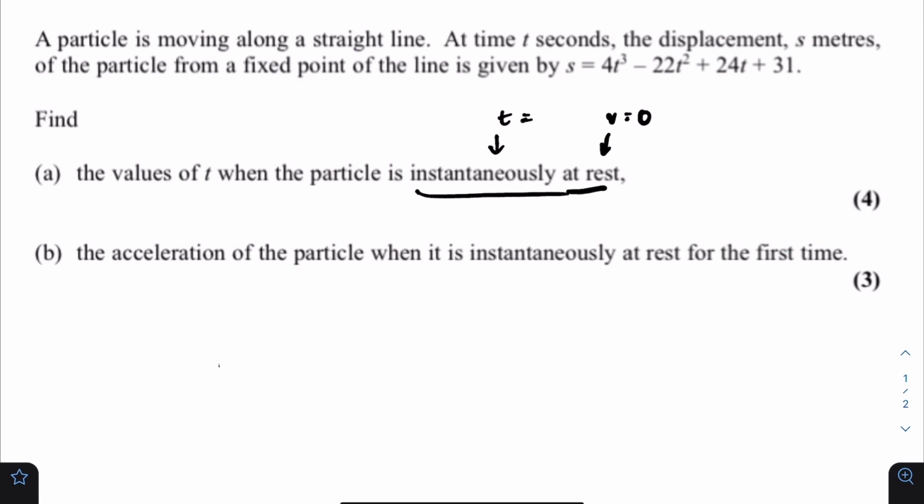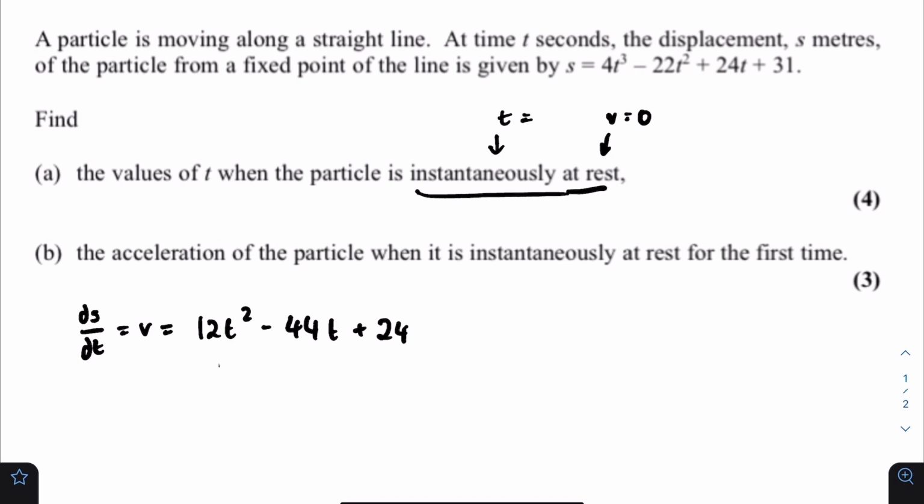So we have to differentiate the function to get velocity: ds over dt, which is the derivative of this, 12t squared minus 44t plus 24. This is the velocity function, and at rest means the velocity is 0 because it's not really moving at that point.